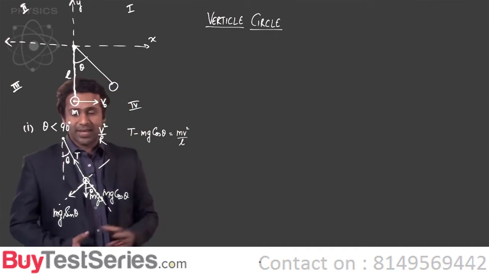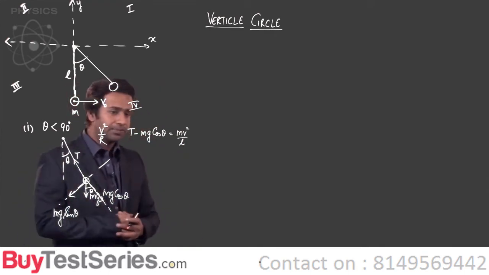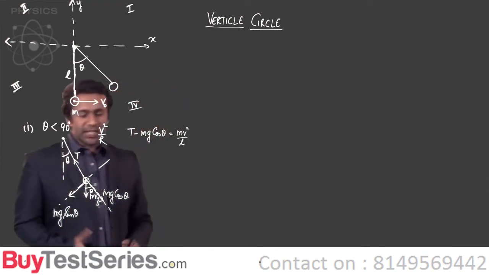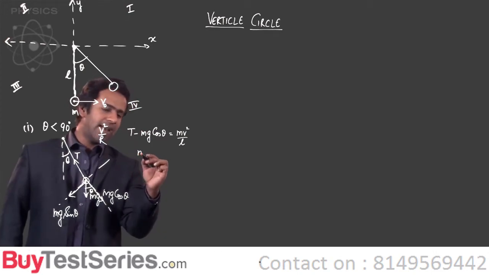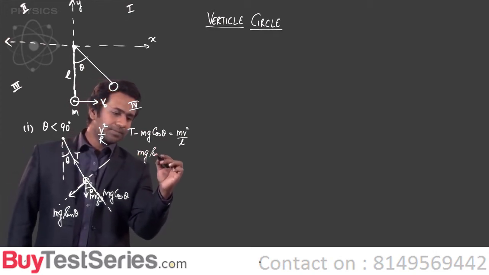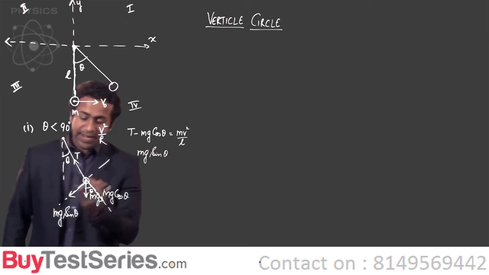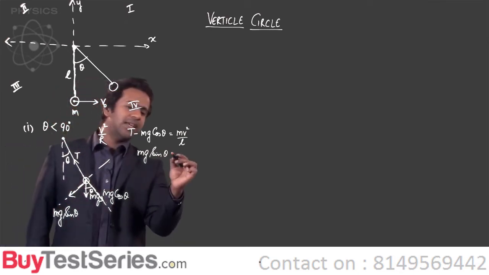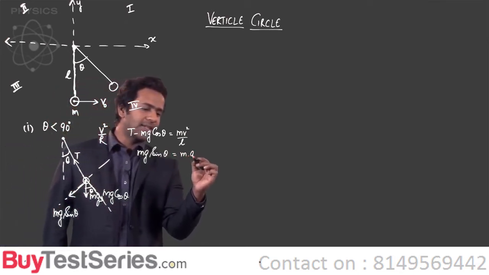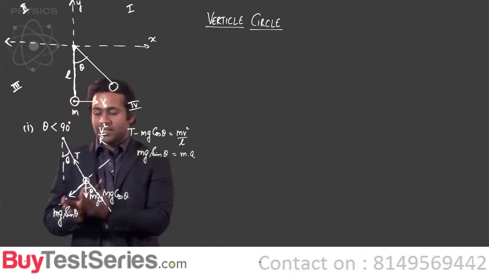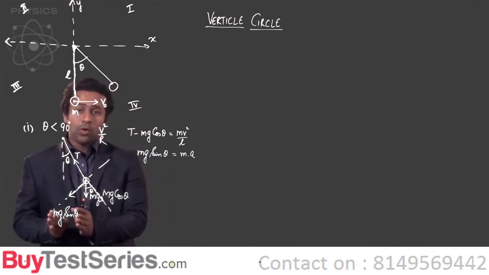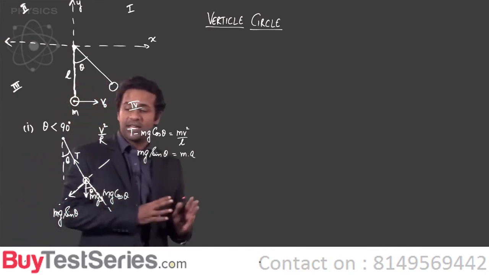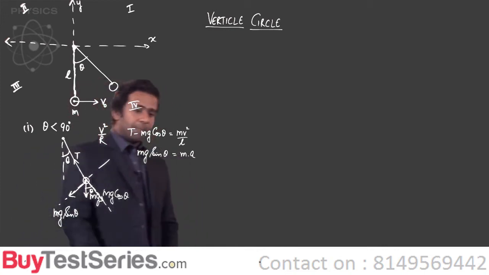The r in this case is equal to the length of this pendulum, right? The second equation, if you wish to write, is that mg sin theta, the second component of the force, is equal to mass into acceleration, right? Because it is a single force, this force is equal to mass into acceleration, right?